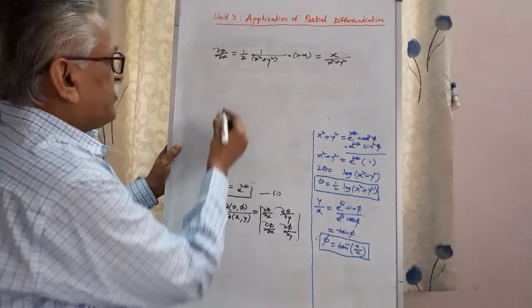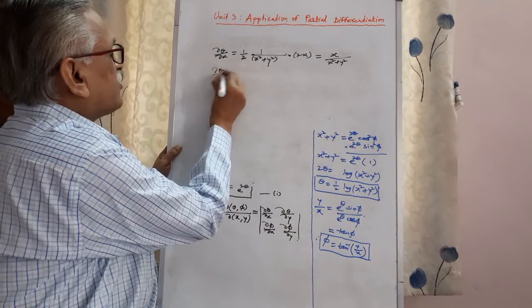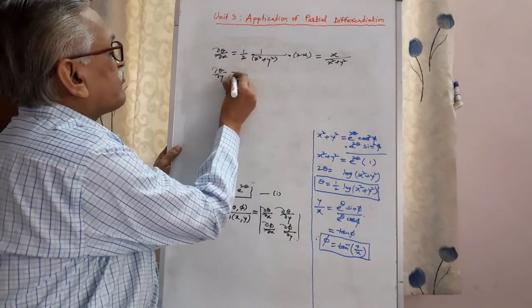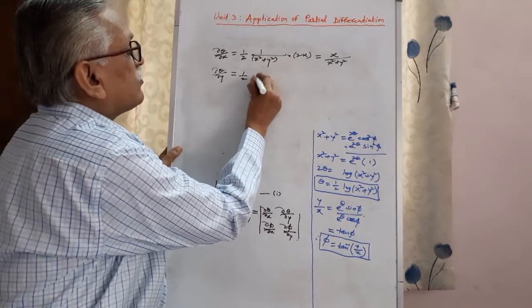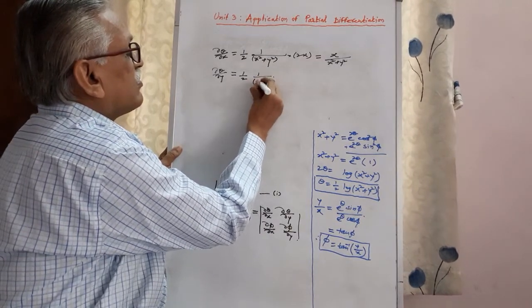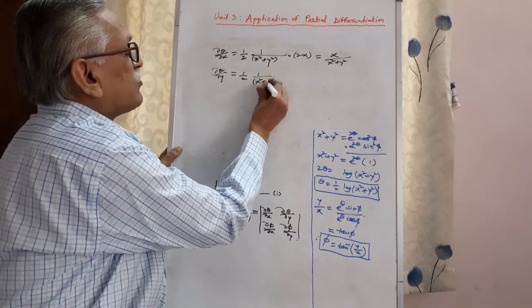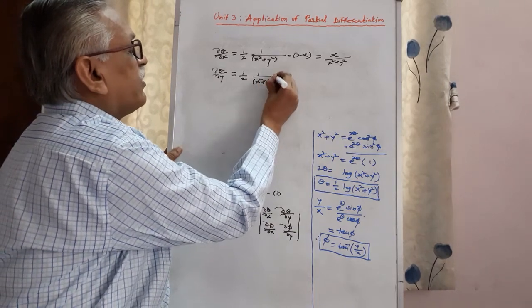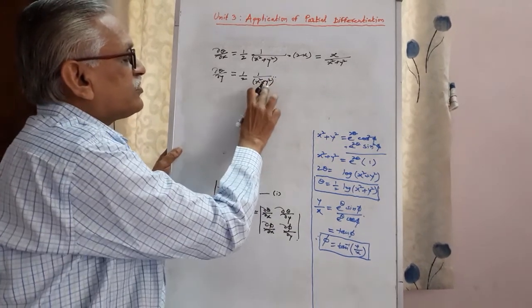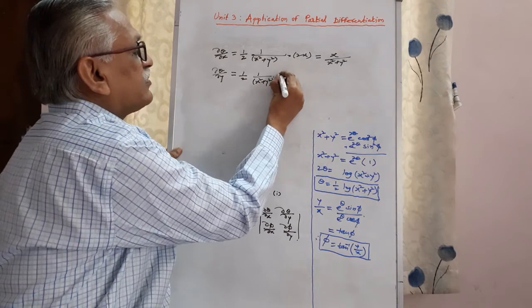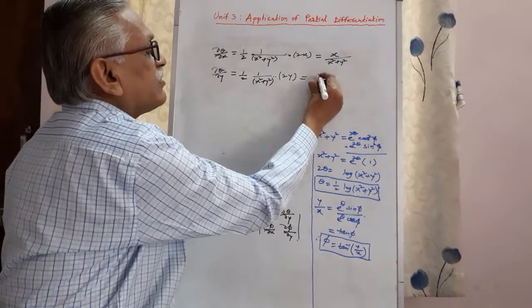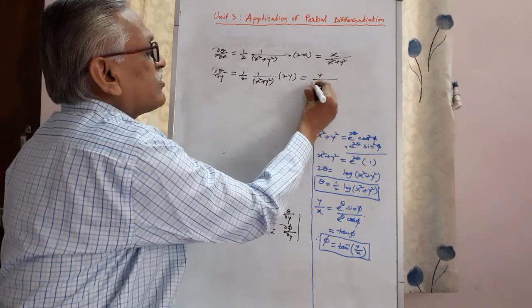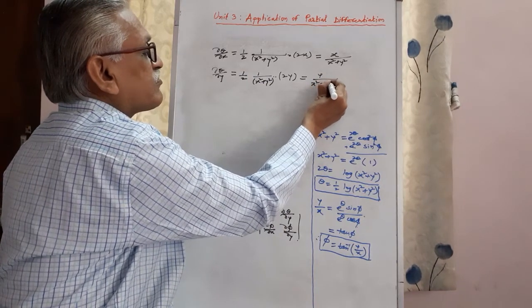Okay. Differentiating theta with respect to y, again 1 by 2 constant, derivative of log is 1 upon x square plus y square into derivative of this term with respect to y, this time it is 2y, 2 to get cancelled, we get y upon x square plus y square.